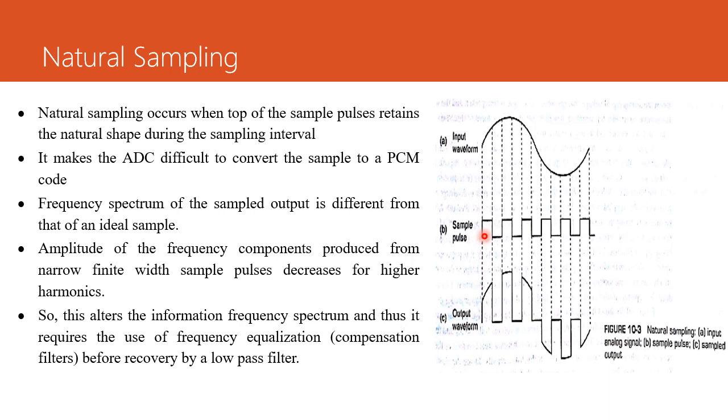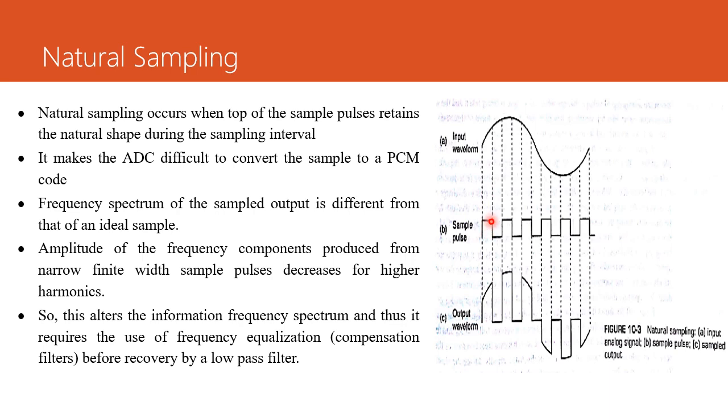Depending upon your sample pulses, your analog input is sampled, and your output retains the natural shape of your input signal. That is, when your sample pulse goes high, at that time your output will be exactly the same as your input signal.